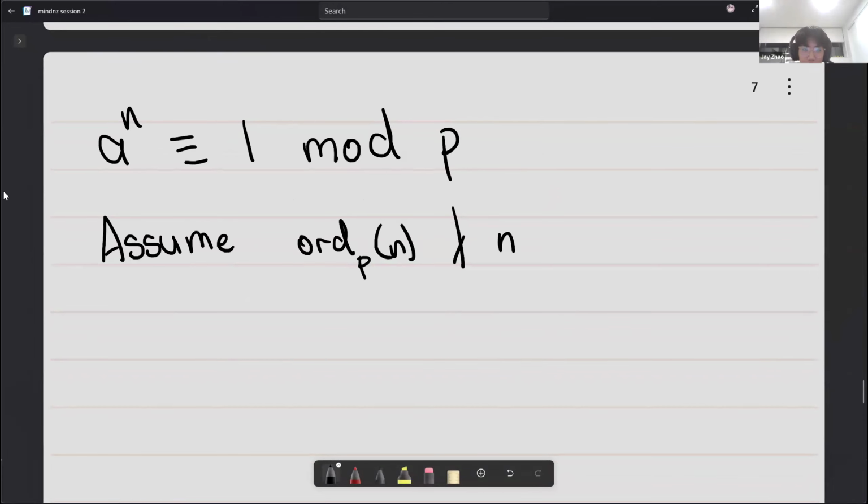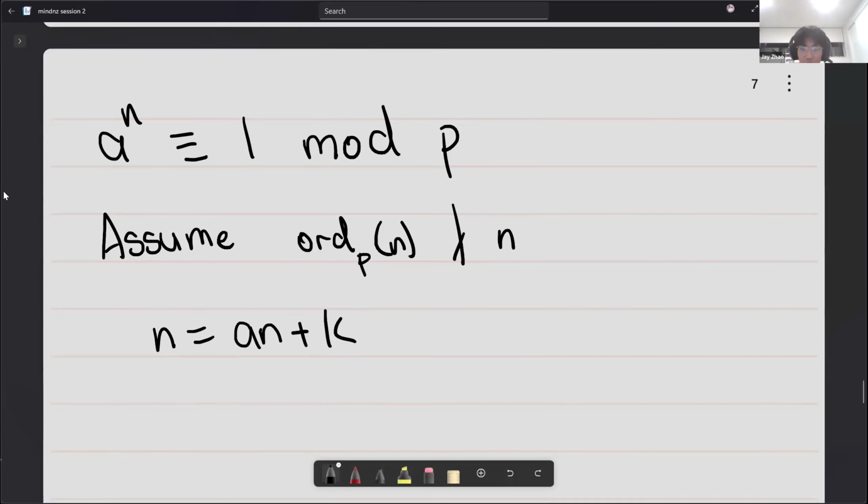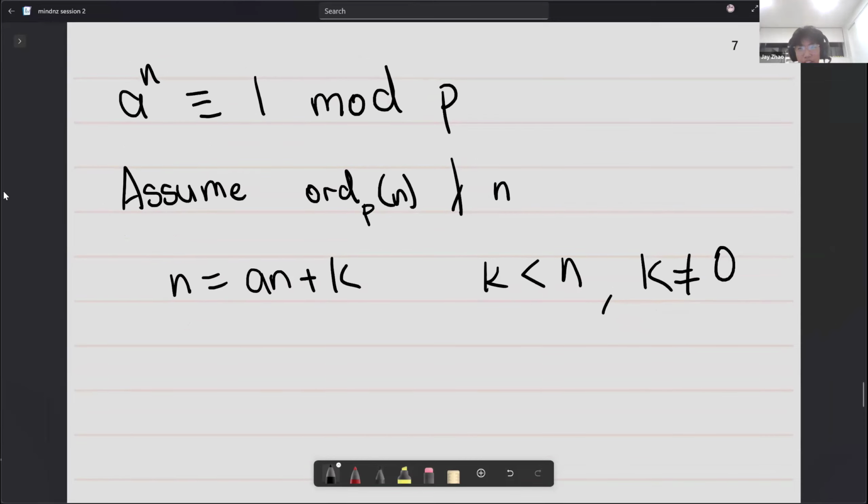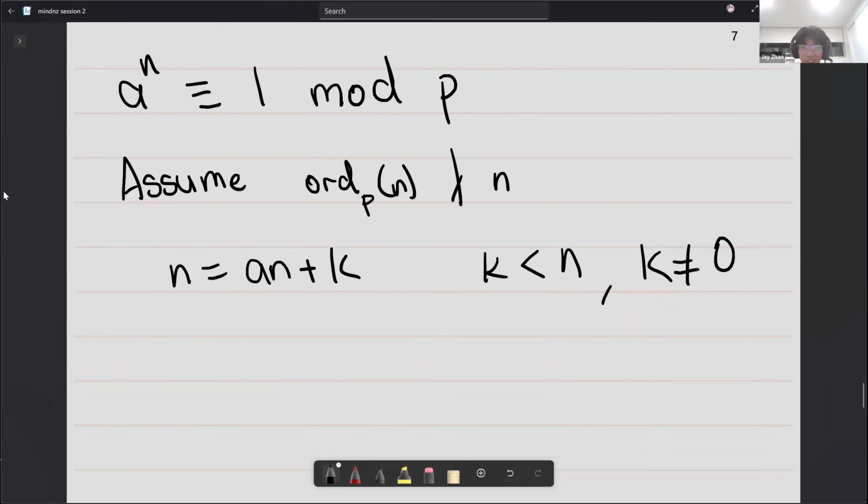So this means that we can write n in the form of an order multiple plus k, where k is smaller than the order and k is not equal to 0. I think this is Euclidean division or something. Yeah, so you can do this.